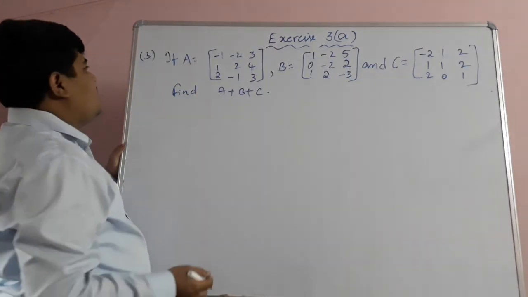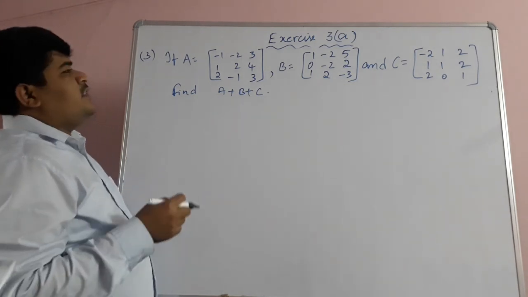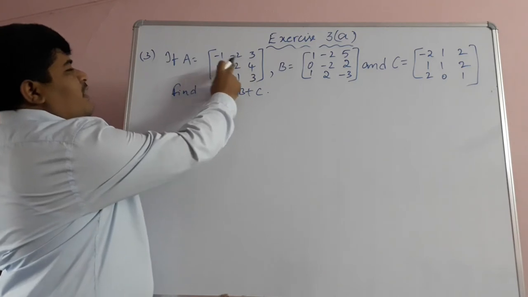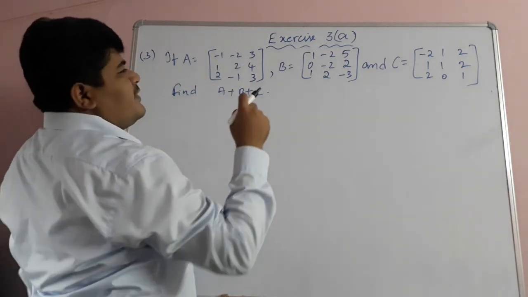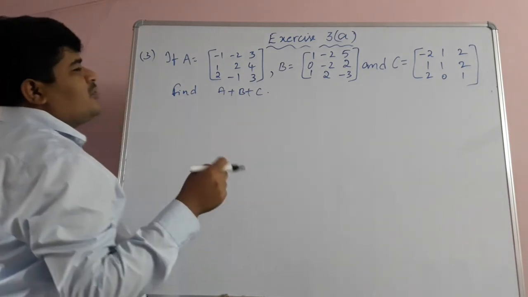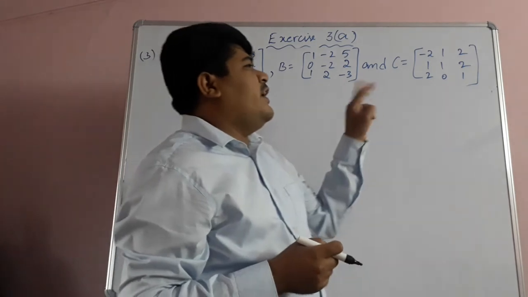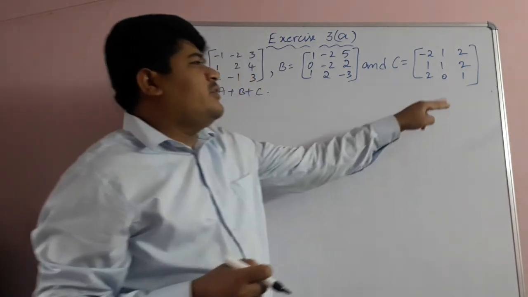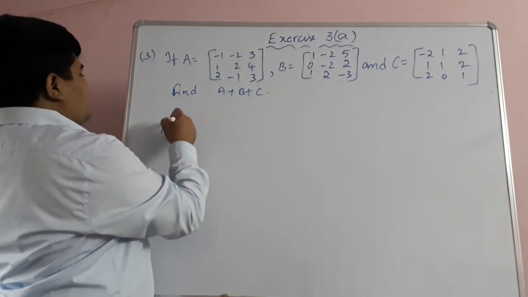Now let's see problem number 3. If A is equal to minus 1, minus 1, 3, minus 1, minus 2, 3, 1, 2, 4, 2, minus 1, 3, and B is equal to 1, minus 2, 5, 0, minus 2, 2, 1, 2, minus 3, and C is equal to minus 2, 1, 2, 1, 1, 2, and 2, 0, 1, then find A plus B plus C. We need to add three matrices, children.